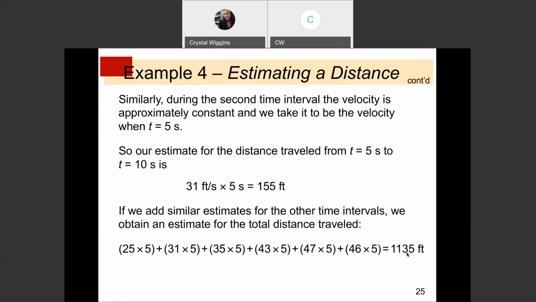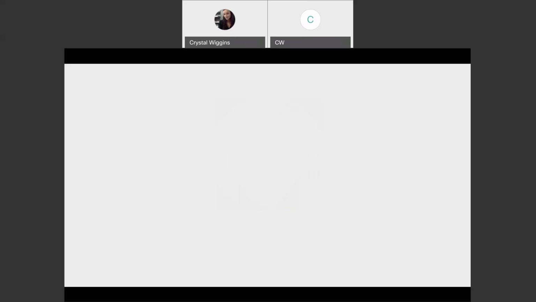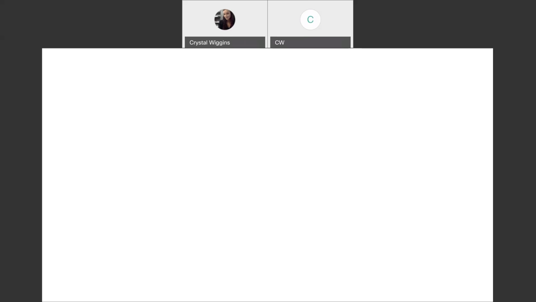The easiest way to determine this is to calculate the right-hand sum. Whichever number is biggest is the overestimate, and whichever number is smallest is the underestimate. So let's do the right-hand sums together. You're going to want to have the chart in front of you so you can follow along on where these numbers are coming from.